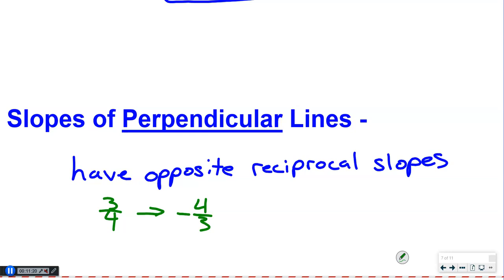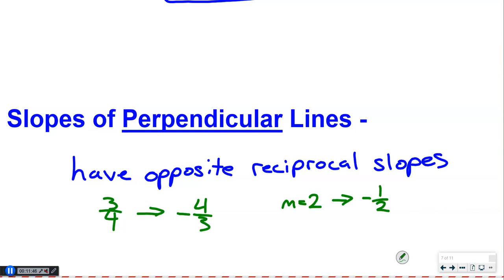Or if we had a slope of 2, the opposite reciprocal of that would be negative 1/2. We would have to make a negative, opposite sign, and flip the fraction.